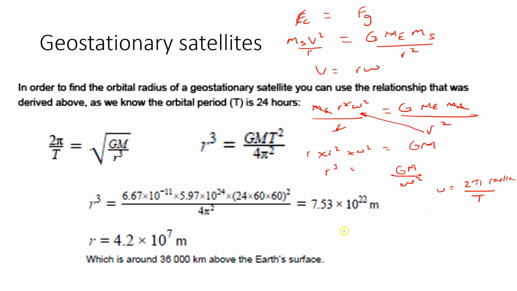So since I have r cubed is equal to GM, I could have just divided by the 4 pi squared over T squared.